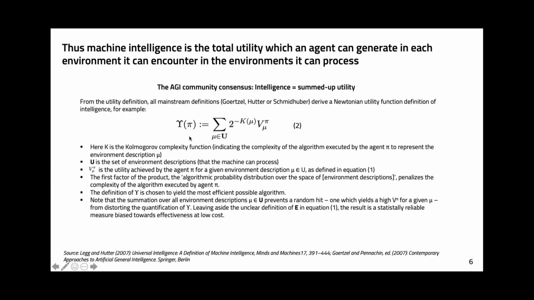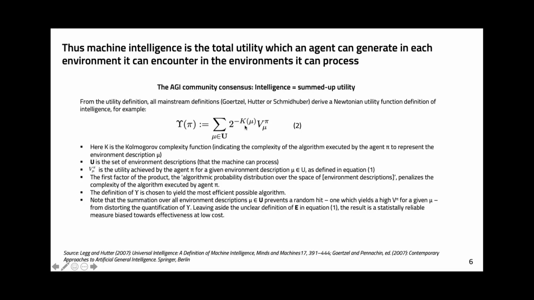He did not only work on probability distributions, but also on information theory and the complexity function. He invented it, and it indicates the complexity of the algorithm executed by the agent pi to represent the environment mu. So it's basically how many calculation steps I need to represent mu. And as you can see, this is a negative exponent.